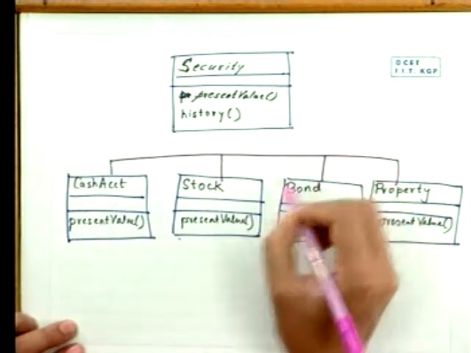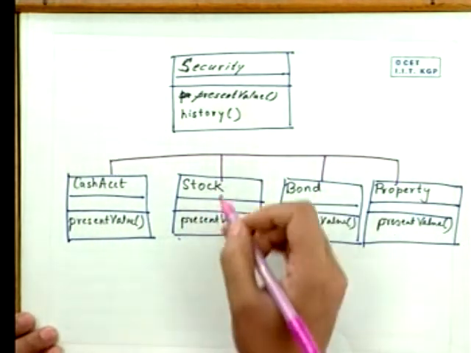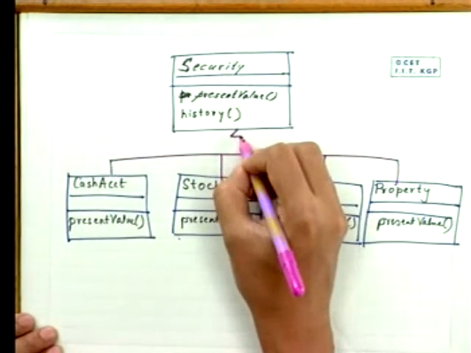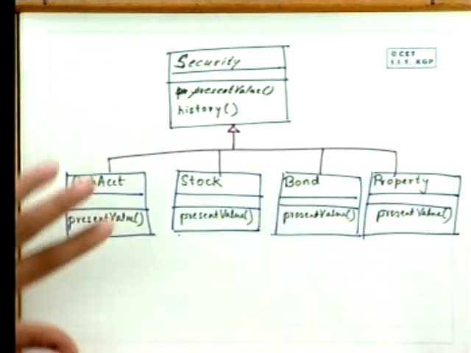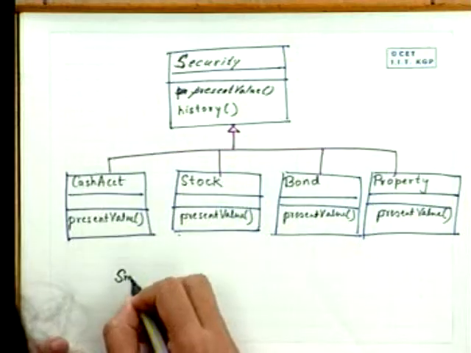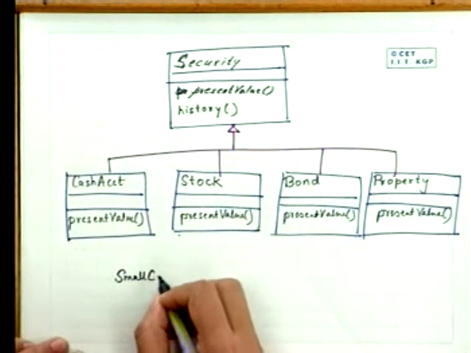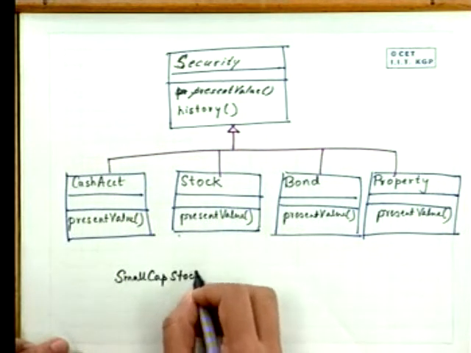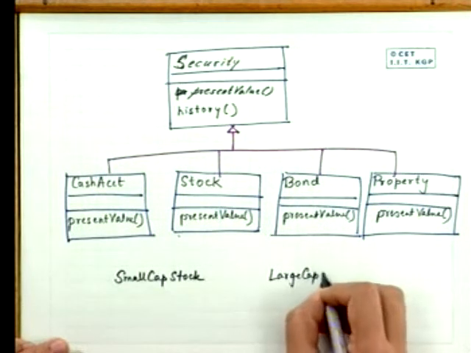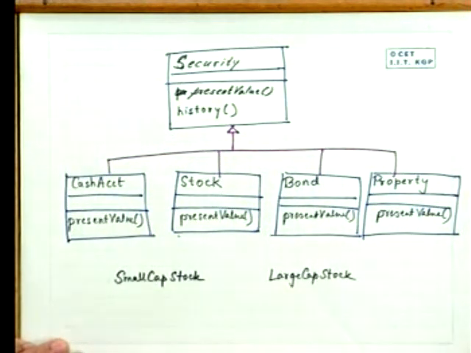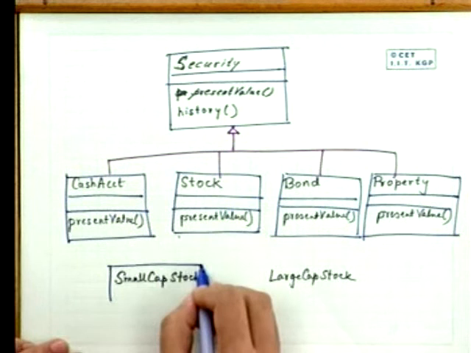We have all these four classes inheriting from the abstract class Security. Now suppose that we have two more classes which are subclasses of Stock. For example, we have a small cap stock and a large cap stock.